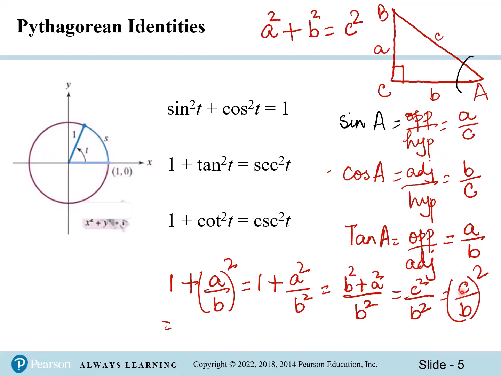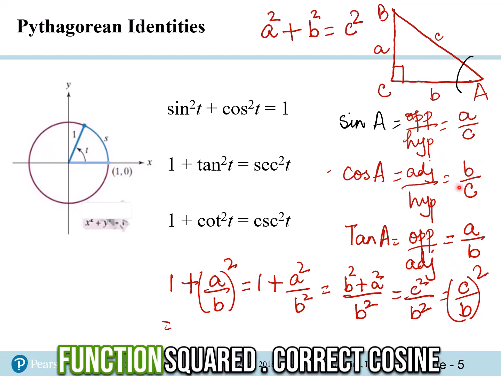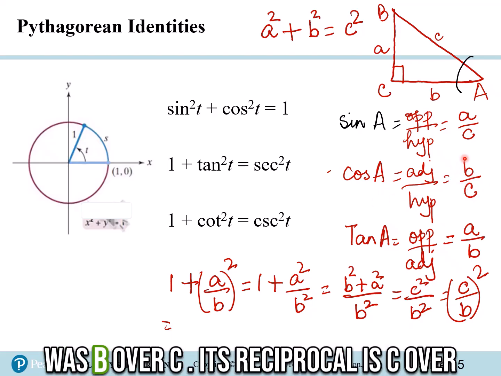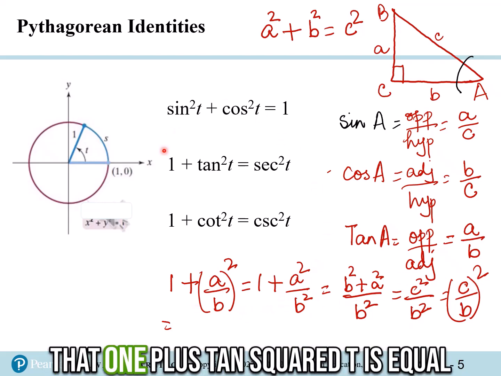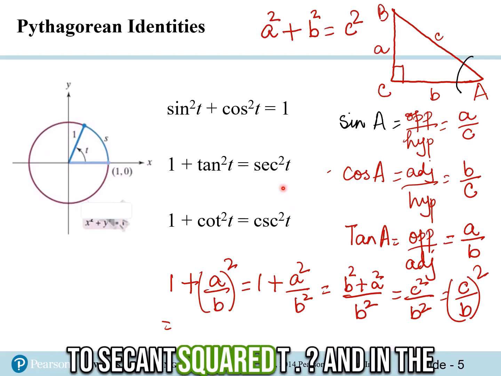and that is the reciprocal of the cosine function squared. Correct? Cosine was b over c. Its reciprocal is c over b squared, and we've just proven that 1 plus tan squared t is equal to secant squared t.